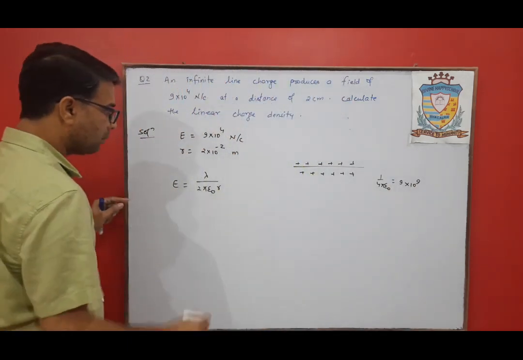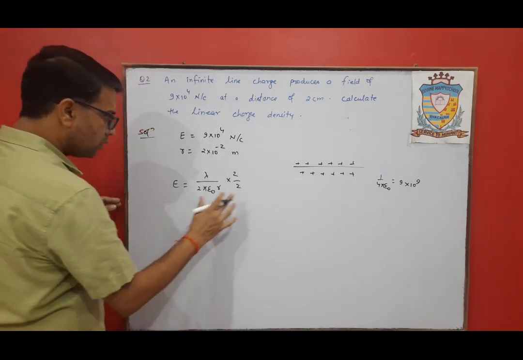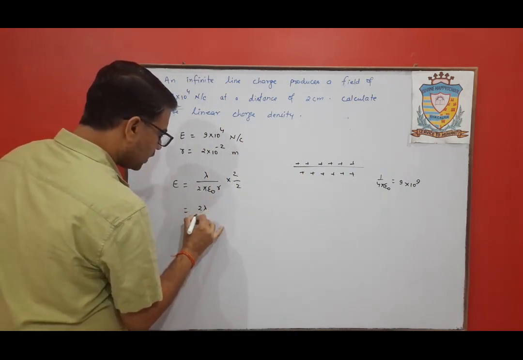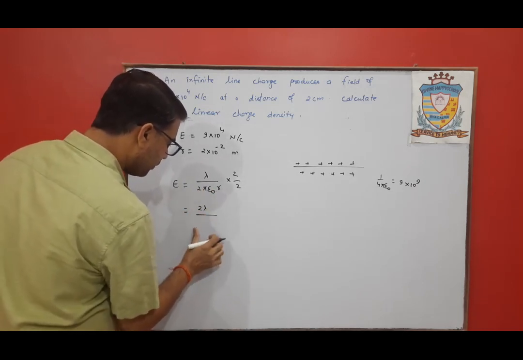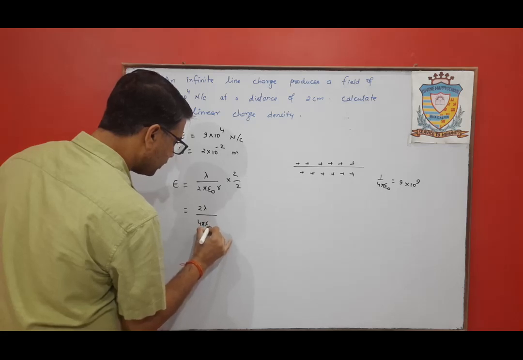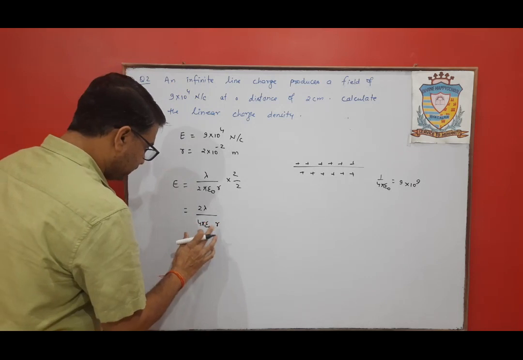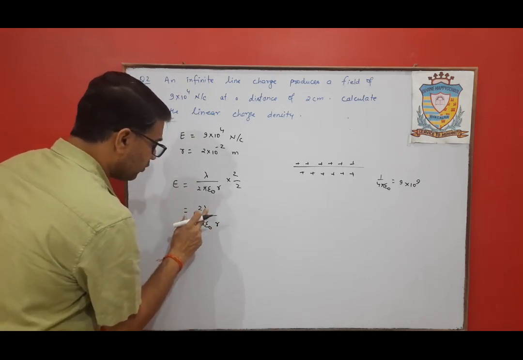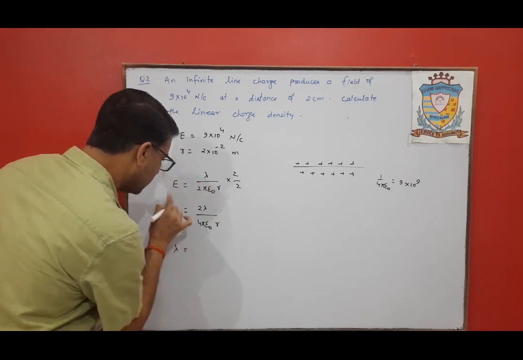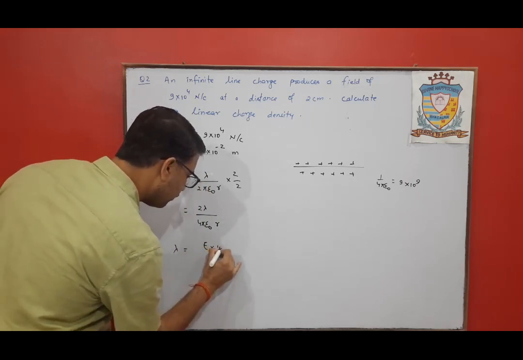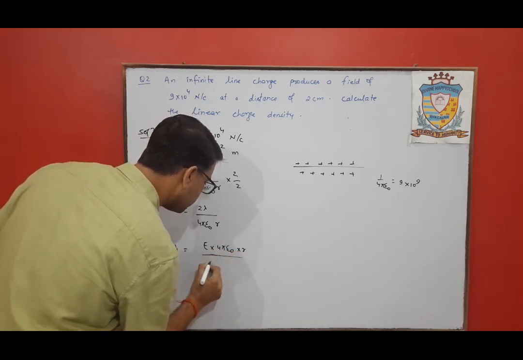If we multiply by 2, we have 2 lambda upon 4 pi epsilon naught r. So to calculate the value of lambda, lambda is equal to E into 4 pi epsilon naught into r upon 2.